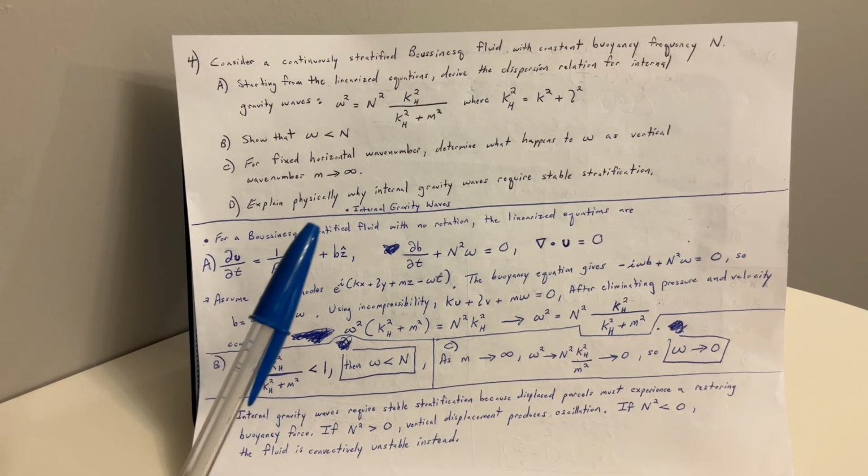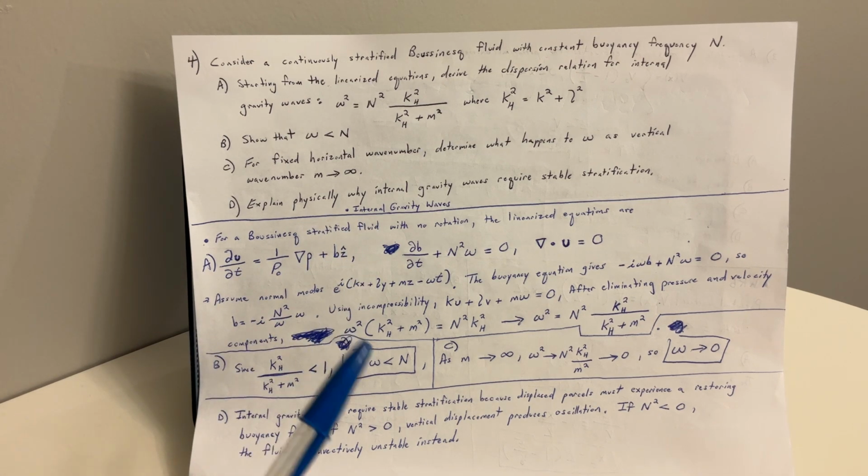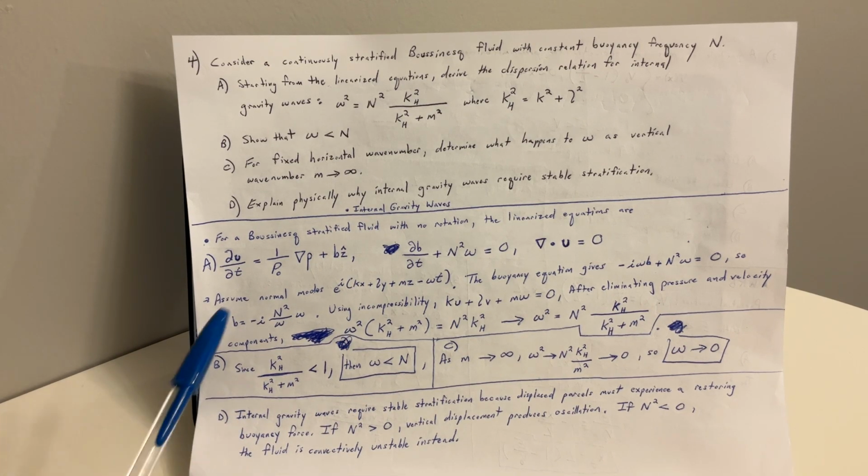And for D, explain physically why internal gravity waves require stable stratification. This is technically an internal gravity waves theme problem. So we could say, textbook conceptual answer here: canonical internal gravity waves require stable stratification because displaced parcels must experience a restoring buoyancy force.